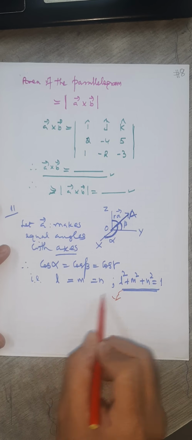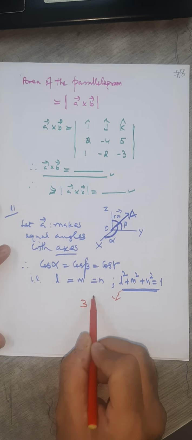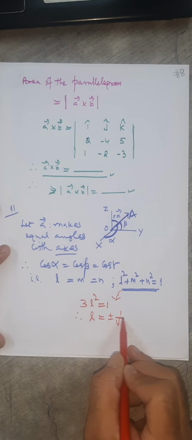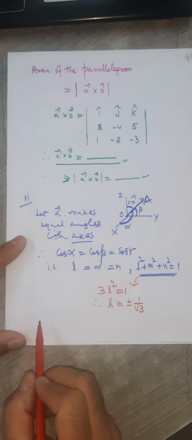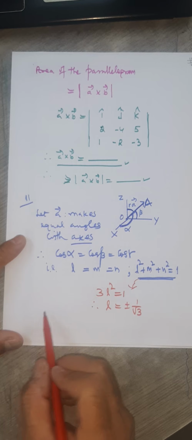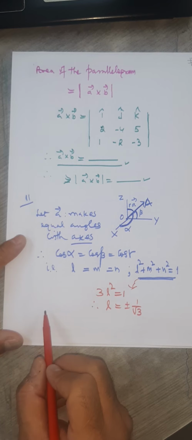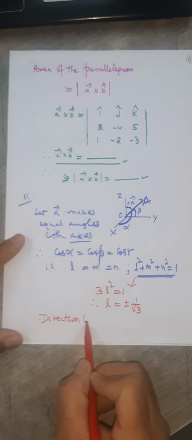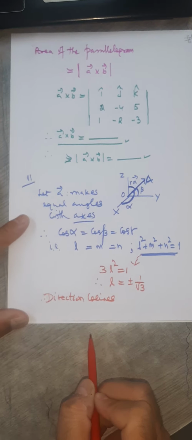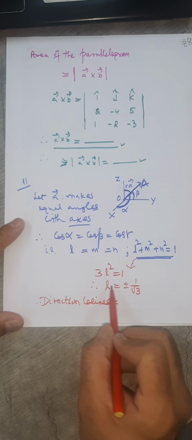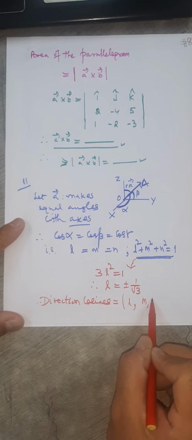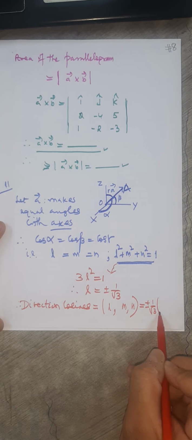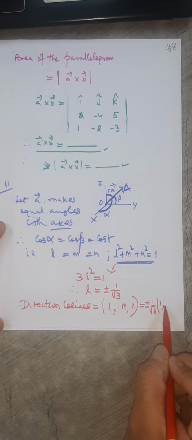So from this what we'll get? 3l square equals 1. So what is l from this? Plus or minus 1 by root 3. And therefore what's the conclusion? Finally, the direction cosines, l, m, n, equal plus or minus 1 by root 3, and here we'll get 1, 1, 1.